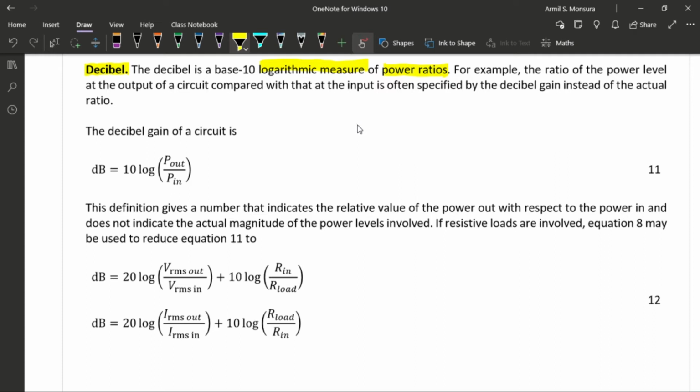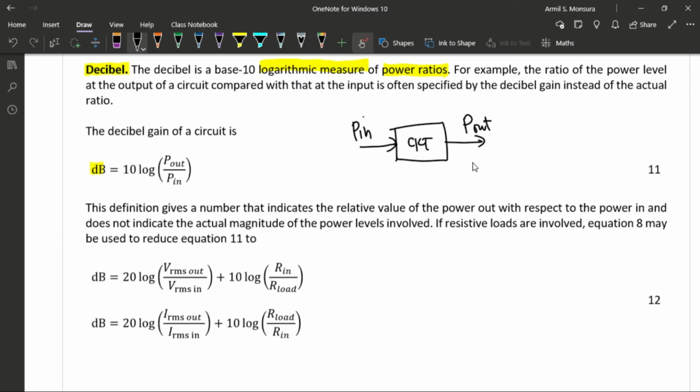Okay? So say for example, the decibel gain of a circuit, kung meron kayong circuit that takes in power in or P in as an input, okay, and then produces P out at the output side.